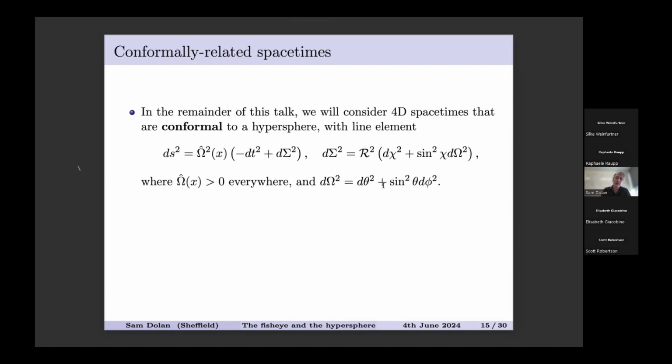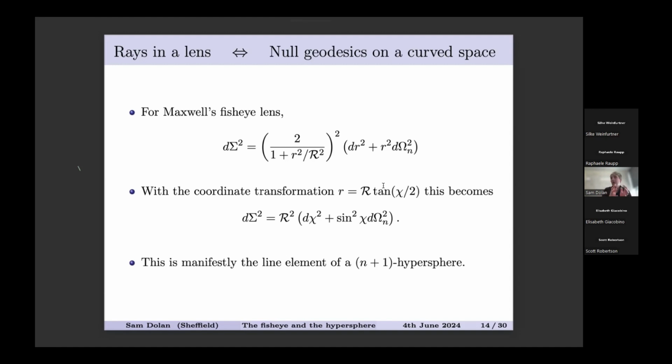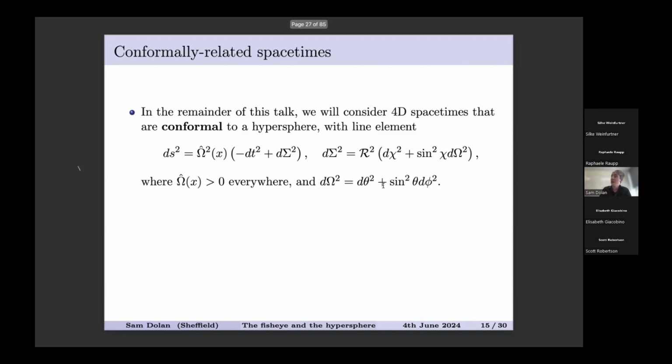Okay, so we've seen here the link between Maxwell fisheye lens and the sphere. Now, a sphere is a perfectly natural geometrical object, and it arises all over the place when we think about general relativity and curved spacetimes.